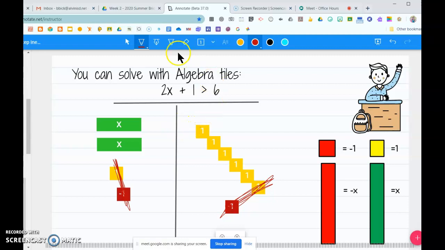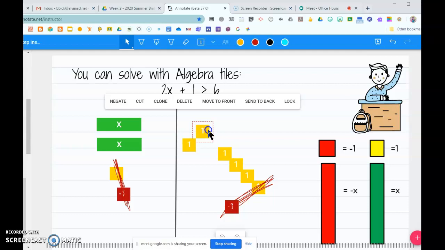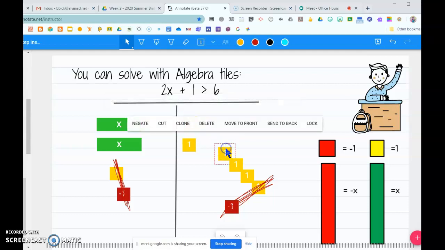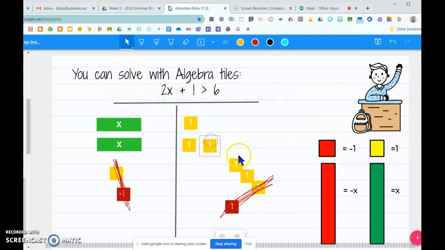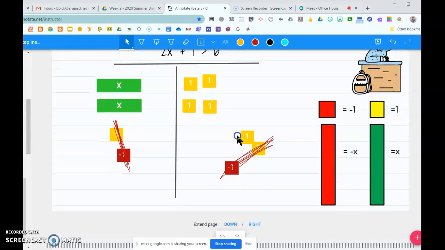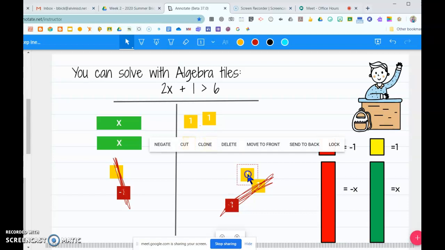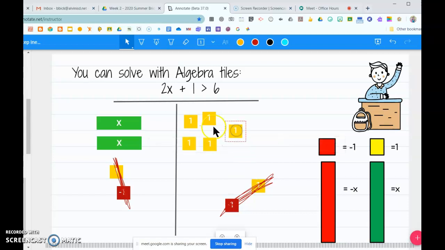Okay, so if I start to separate these into 2 equal groups, like we did the other day, this one could go with this one. Then I'm left with 1 that I'm just going to have to split in half to give half to each piece.